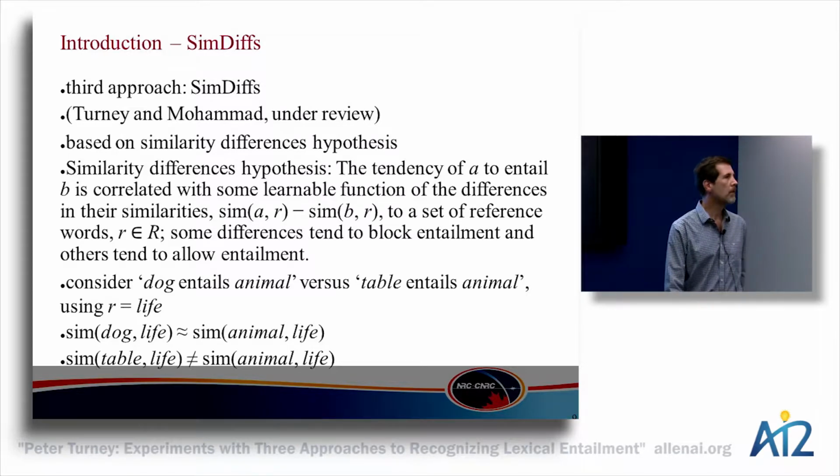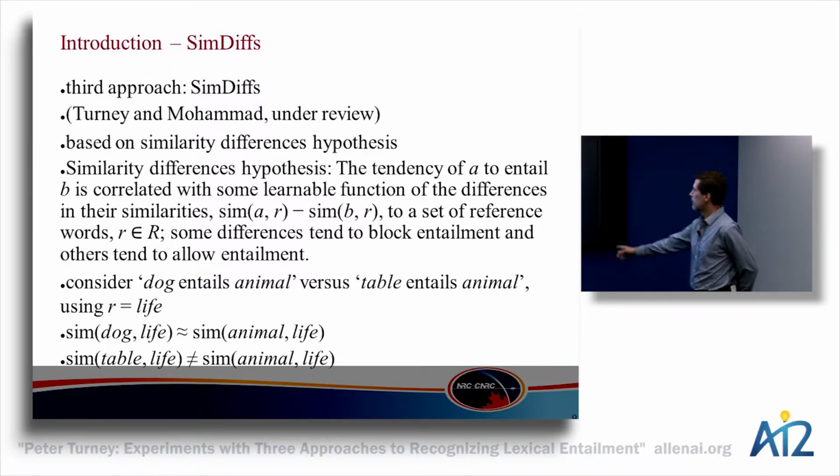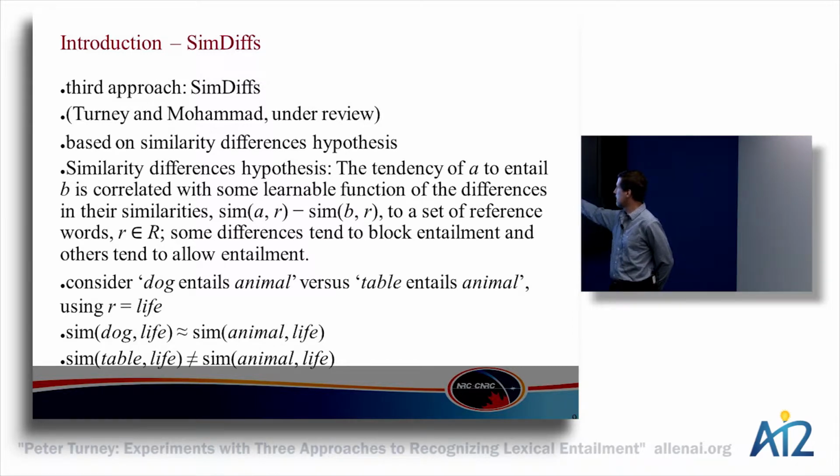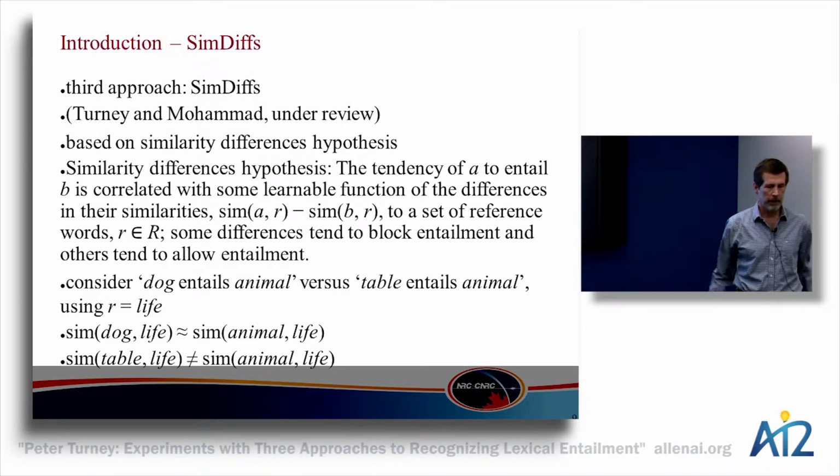Question. How does this take into account the asymmetry of entailment? If you flip A and B, then the sign of this changes. Flipping A and B around, changing their order, changes the signs in the vector you have. So you're not using cosine, are you?